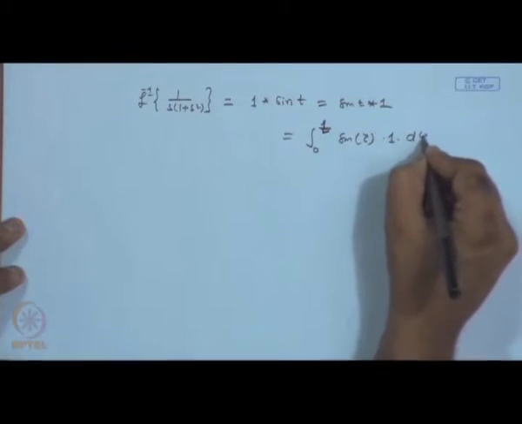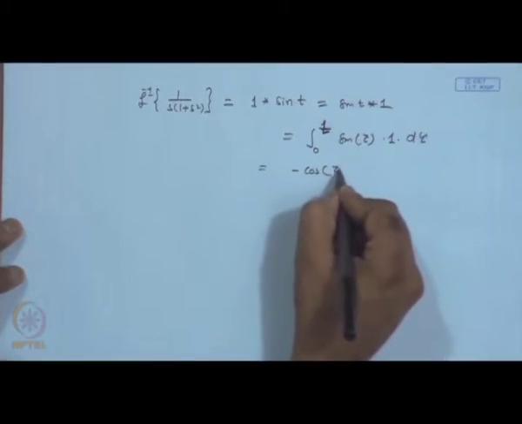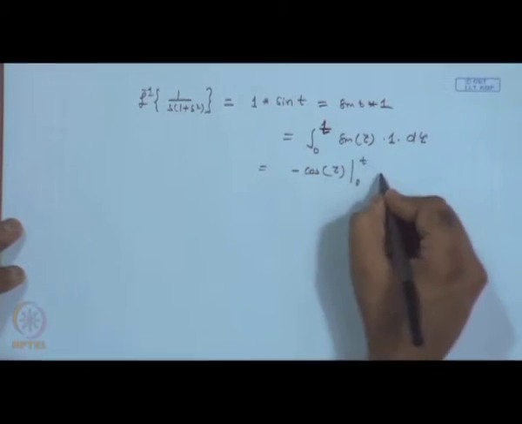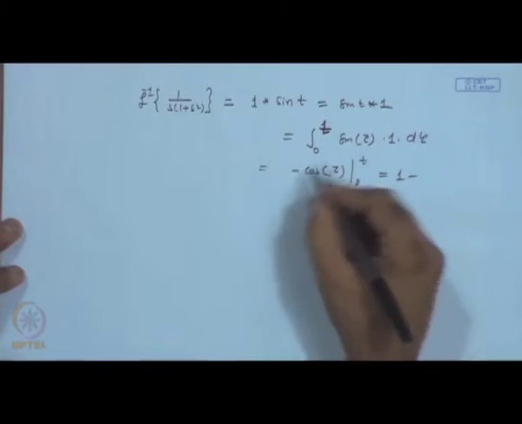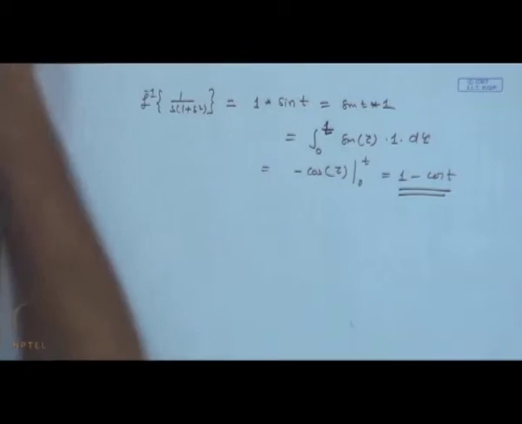So, we have d tau, and integrating sin tau gives minus cos tau from 0 to t. So, we have simply 1 minus cos t, the same value we obtained there.